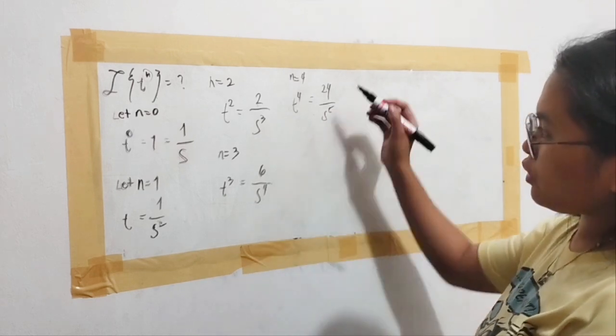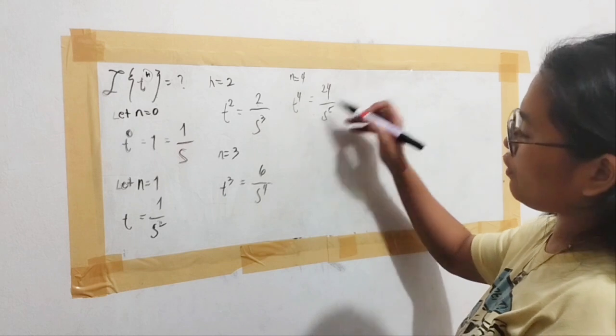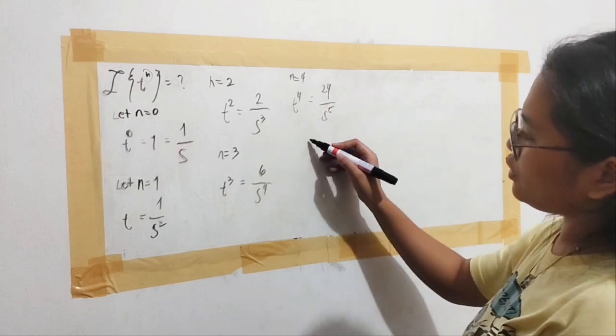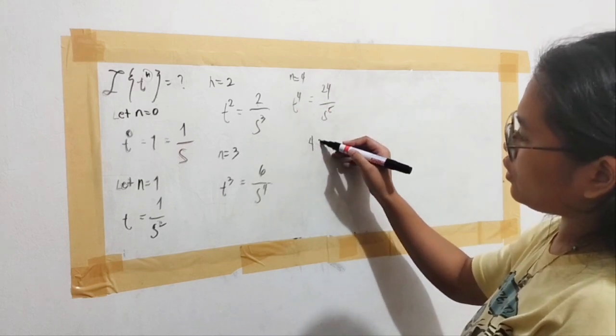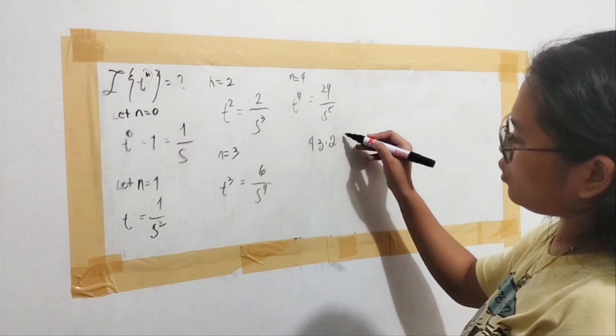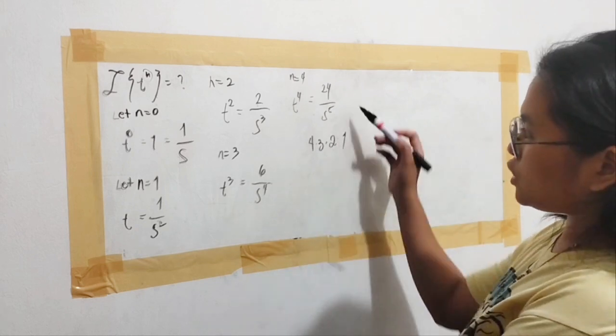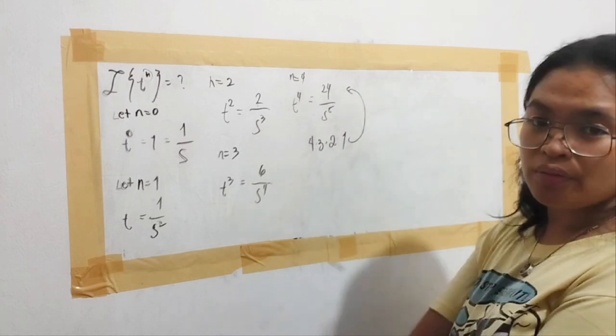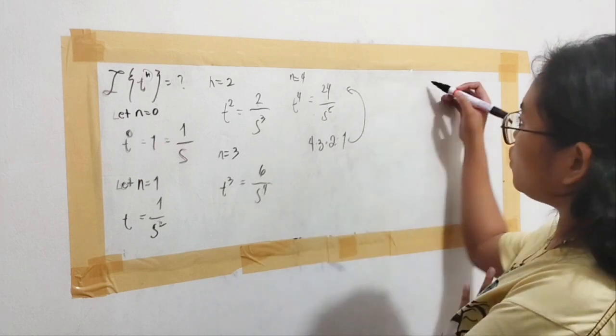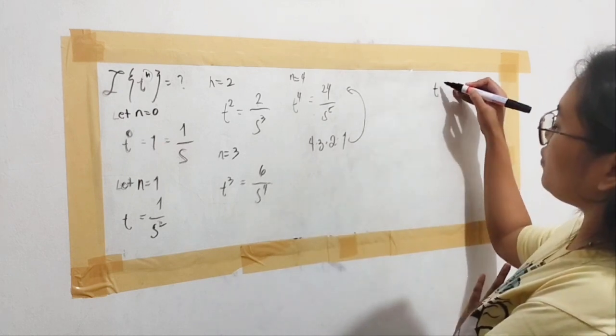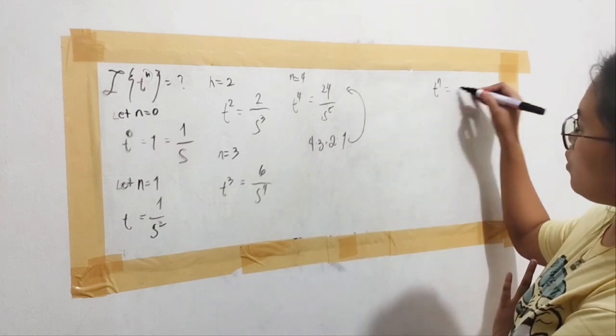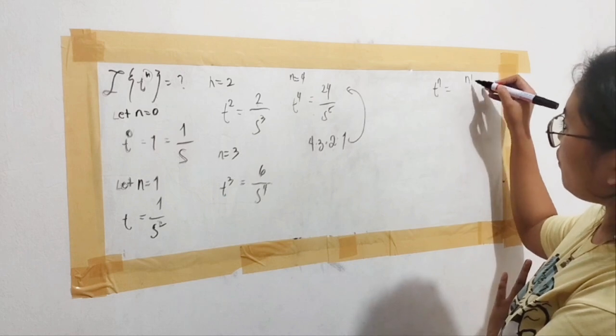If you can notice, the factorial of 4, which is 4, 3, 2, 1, is just 24. So we can assume that the numerator of the Laplace transformation of t raised to n is equal to n factorial.